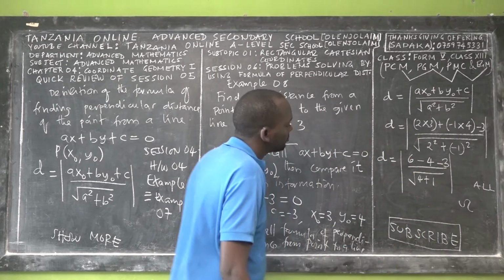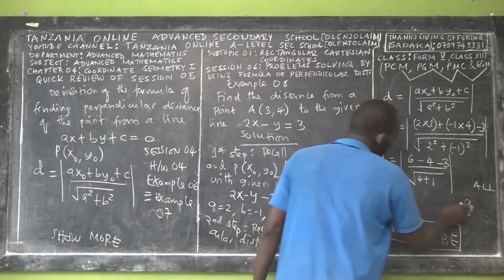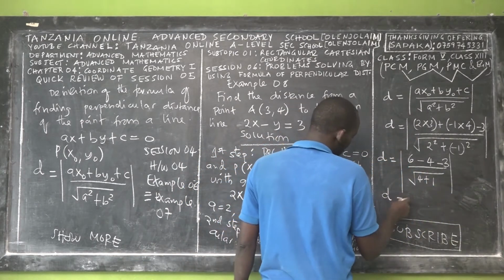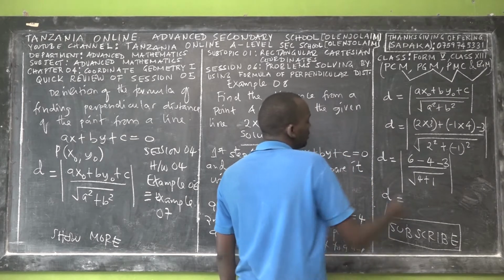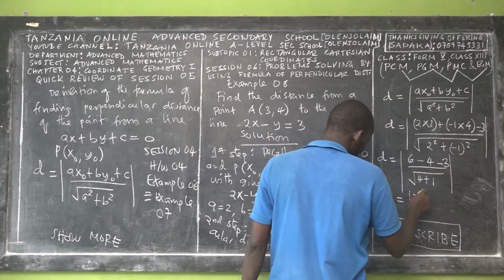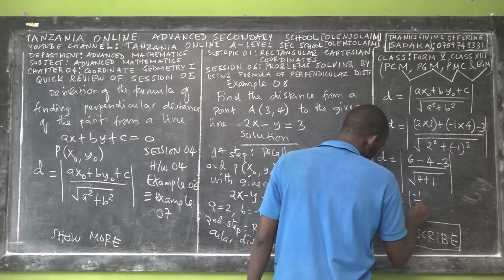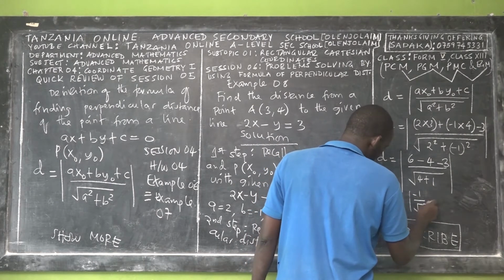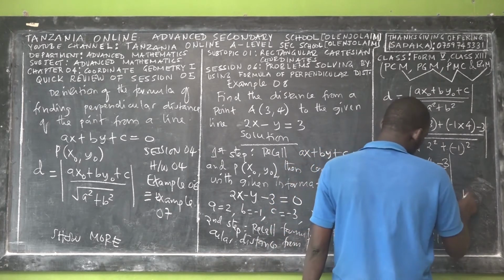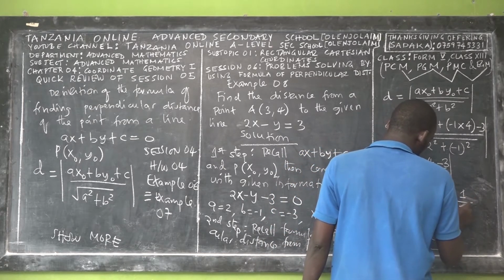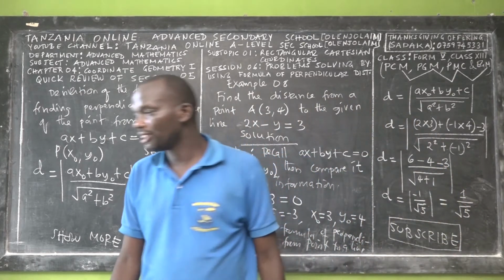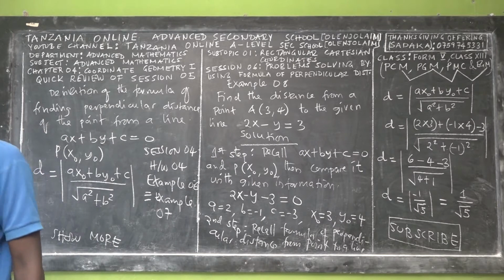Okay? So then the perpendicular distance is equal to 6 minus 7 is -1, so we have -1 over square root of 5. So this is equal to 1 over square root of 5, as the perpendicular distance.